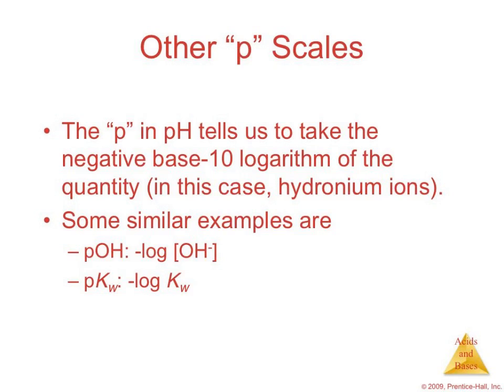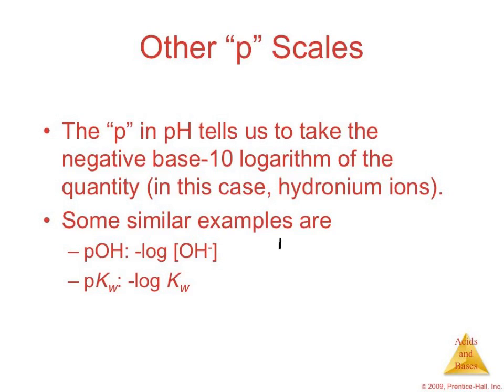Now, p basically, all that means is to take the negative log base 10. So you could put p in front of anything, and it would mean take the negative log of that particular number. There's a couple other ones that are useful for us. pOH is the negative log of the OH minus concentration.